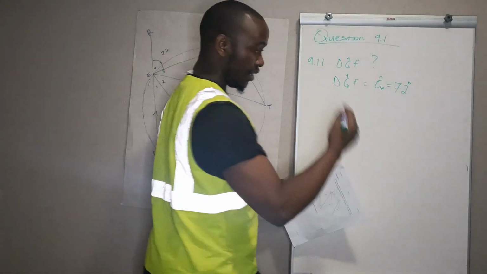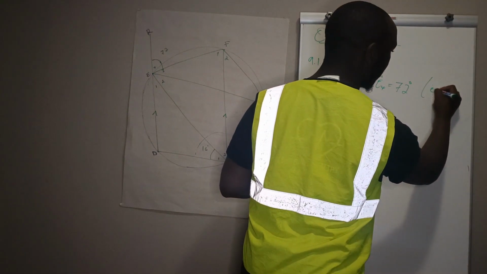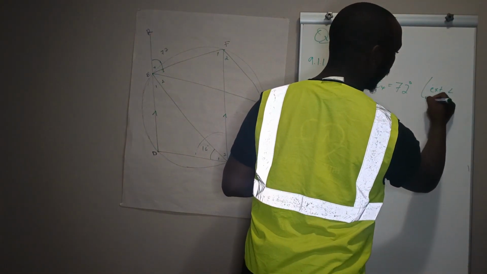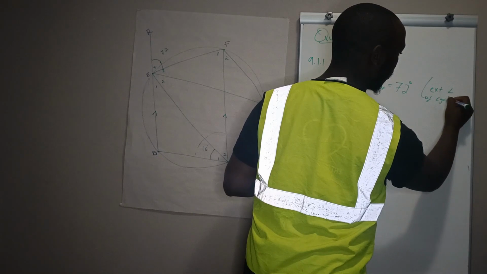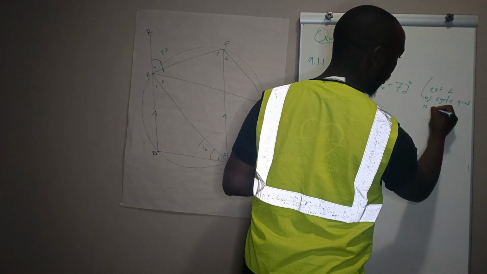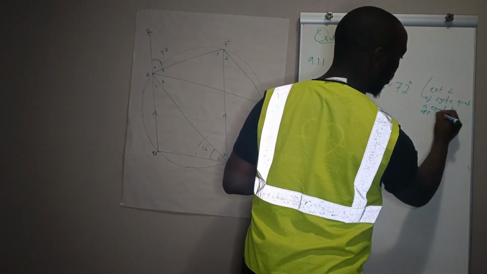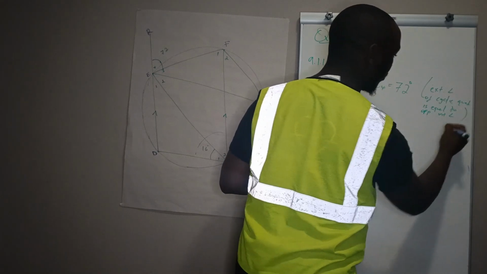72 degrees, and the reason being: exterior angle of cyclic quad is equal to opposite interior angle.